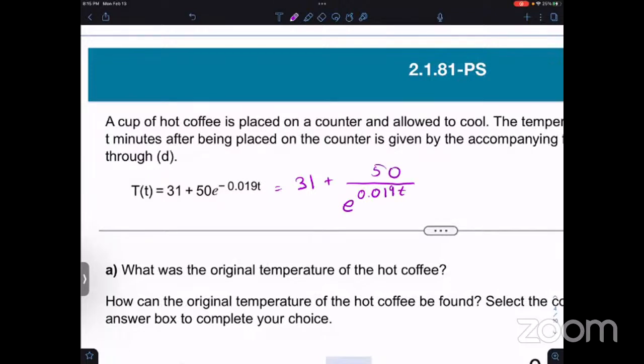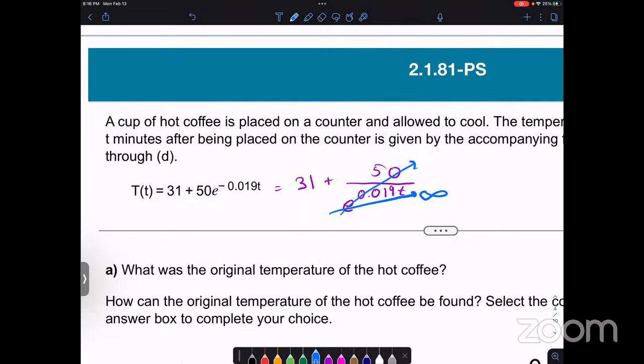It gets really, really big, right? So if we have a fixed numerator over an ever expanding denominator, the bigger that denominator gets, this entire thing tends to 0. So as that denominator gets bigger and bigger, that term gets closer and closer to 0. So then 31 plus 0 is 31.